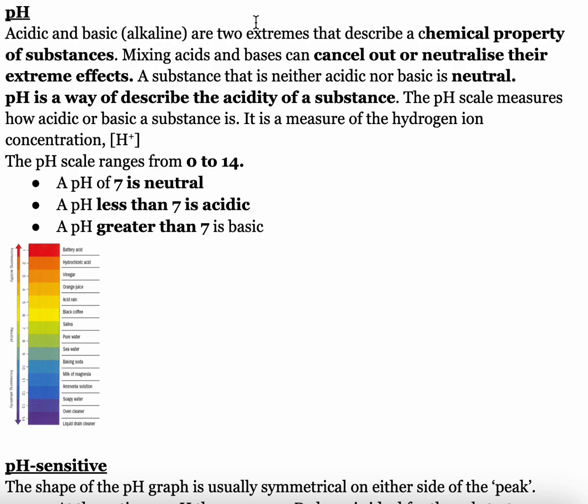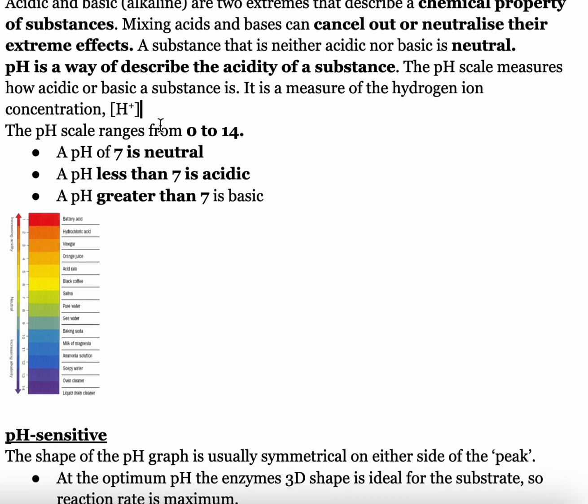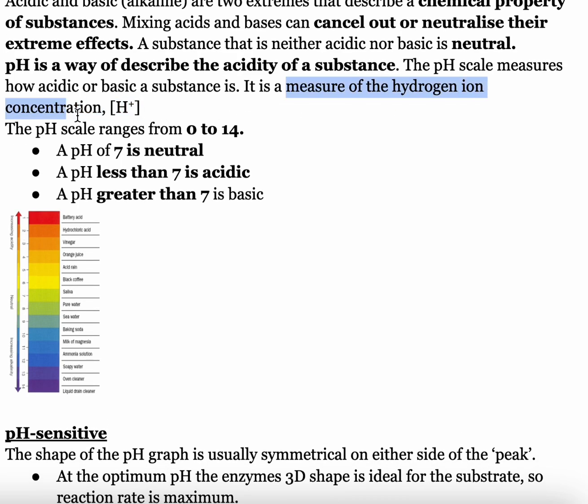Acidic and basic are two extremes that describe a chemical property of substances. Mixing acids and bases can cancel out or neutralize their extreme effects. A substance that is neither is neutral. pH is a way to describe acidity. It measures how acidic or basic something is, basically a measure of the hydrogen ion concentration.